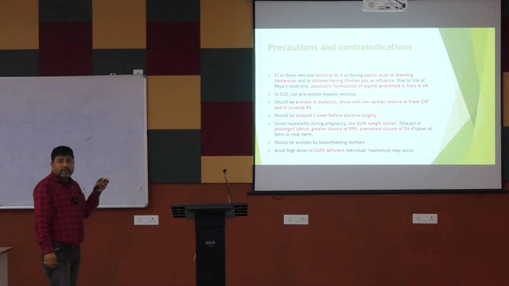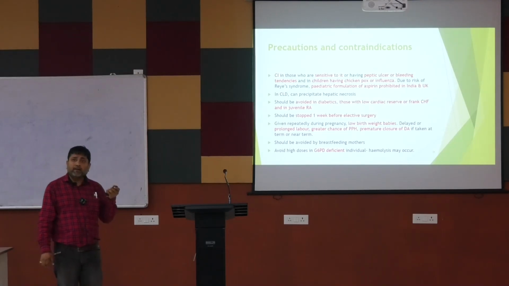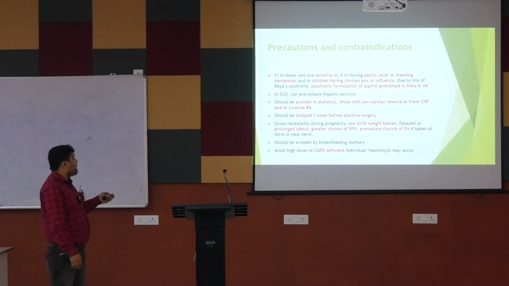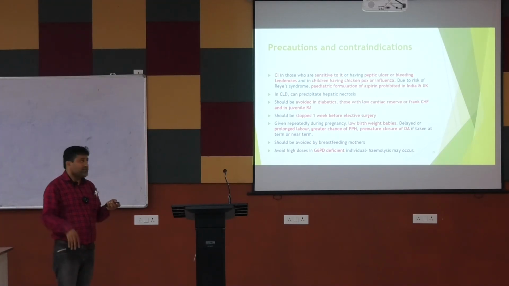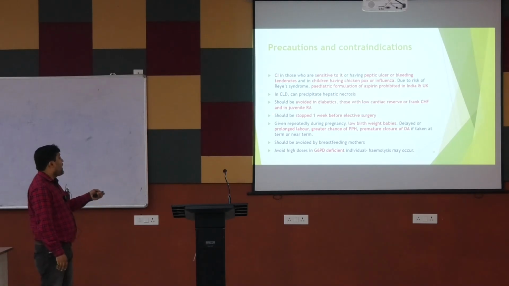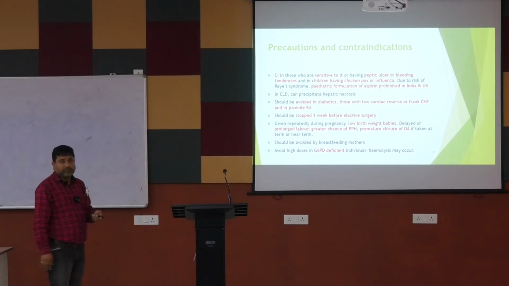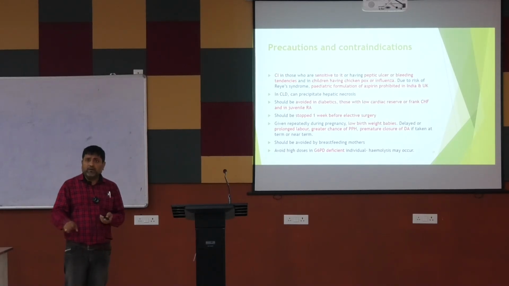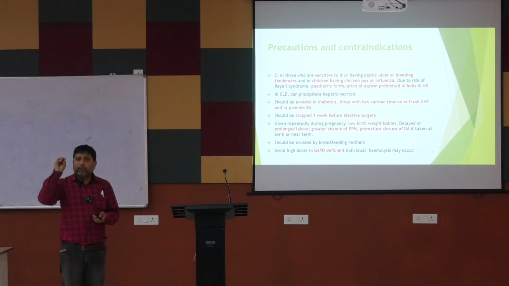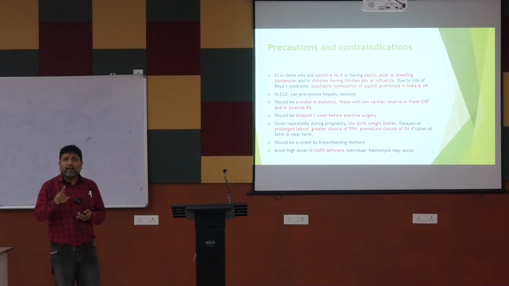In chronic liver disease, the drug can precipitate hepatic necrosis. It should be avoided in diabetics for the risk of hypoglycemia, in those with low cardiac reserve or frank congestive heart failure because of cardiac toxicity, and in juvenile rheumatoid arthritis. It should be stopped 1 week before elective surgery, because it increases the bleeding time because of the antiplatelet aggregation effect that lasts for about a week.